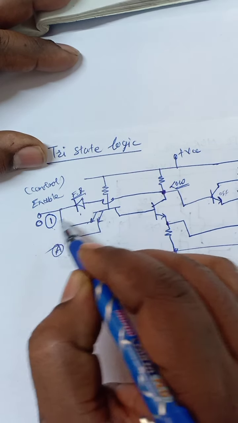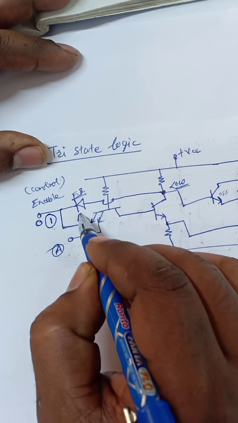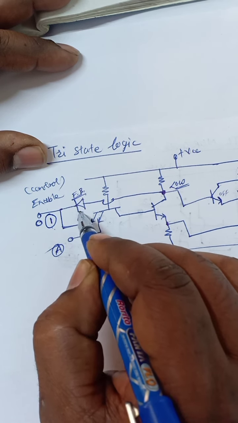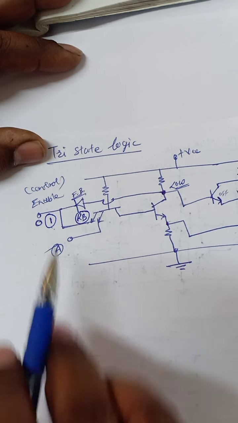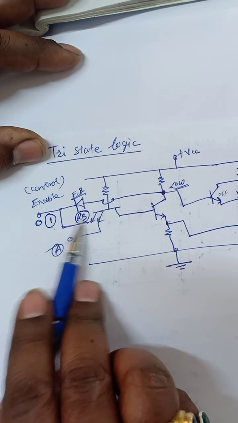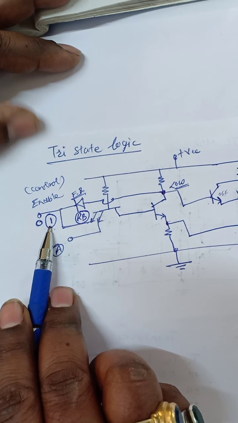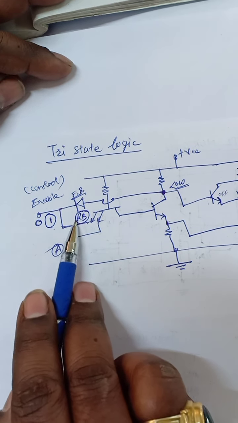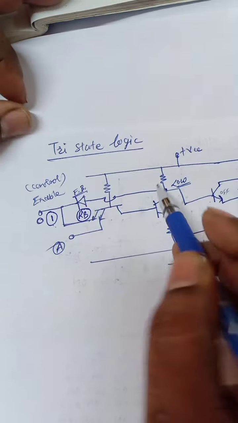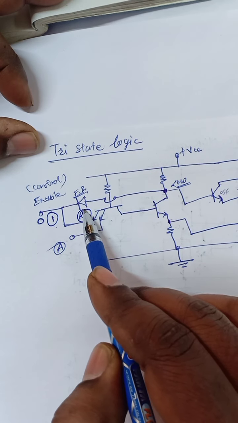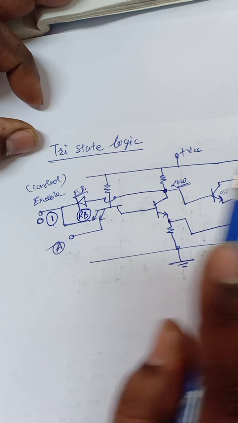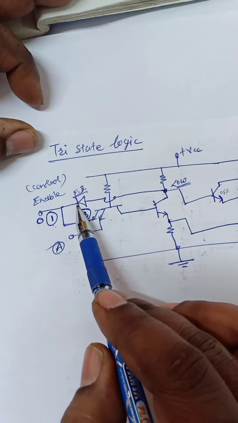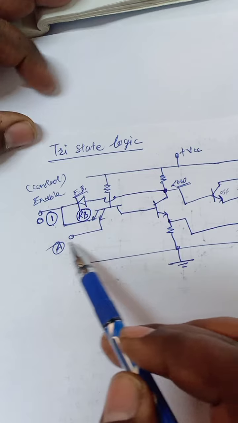Because of this one state, the diode is reverse biased now. I am circling this state because these are the same condition. As enable is 1, the diode is reverse biased, and because of this reverse bias, the diode's role in the circuit is over now.